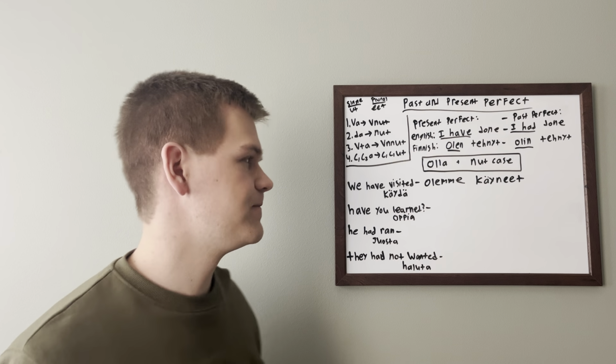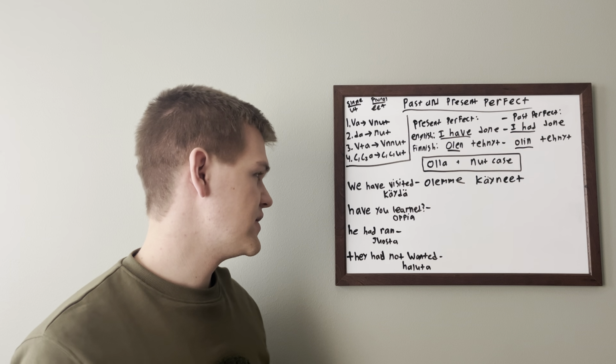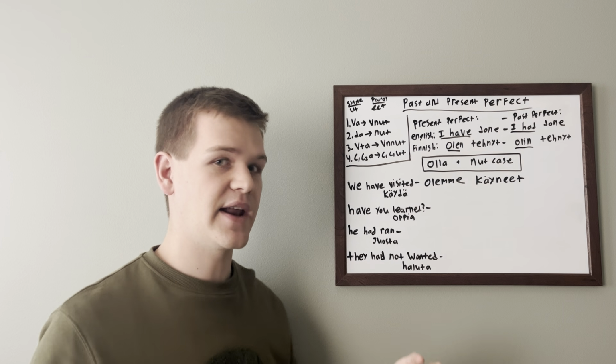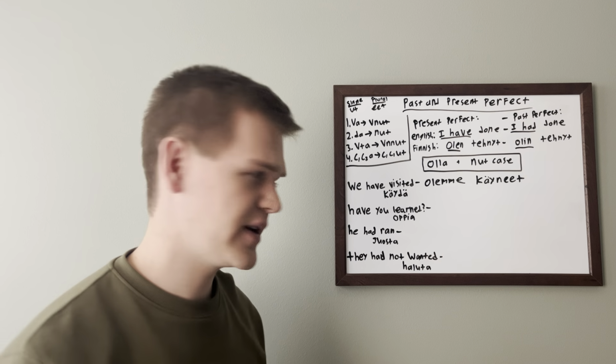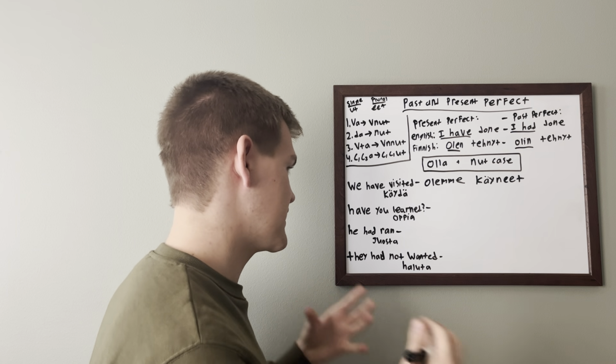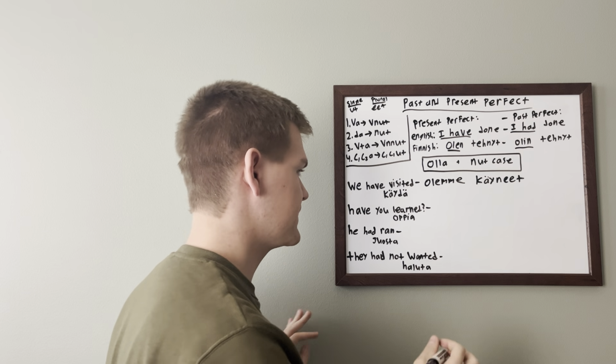Have you learned? This one has to do with making verbs a question. To do that, we just conjugate it and add ko onto the end. I've made a video about that if you're curious to learn a little bit more. But for this one, first, let's just conjugate it. Make it be like "you have learned."